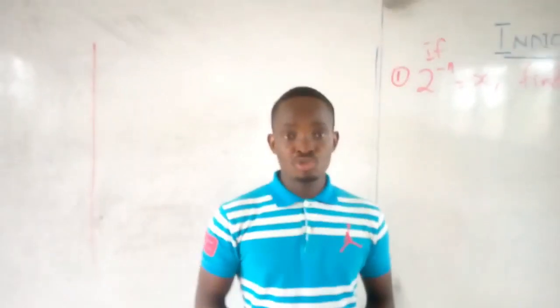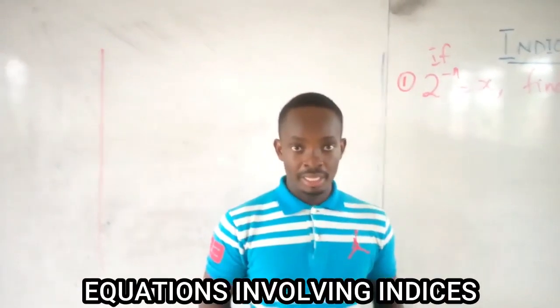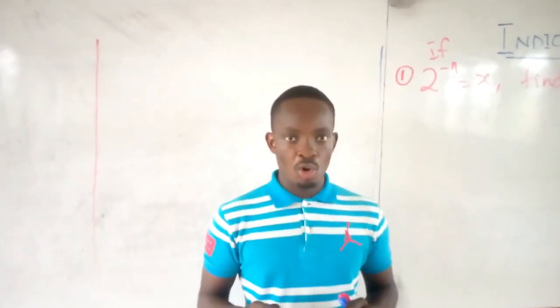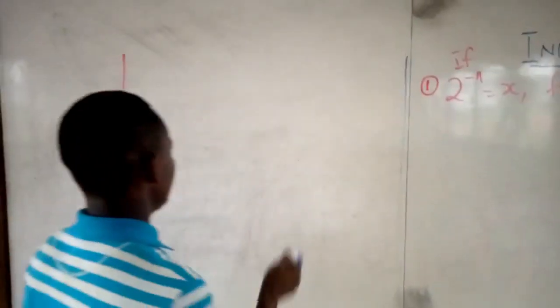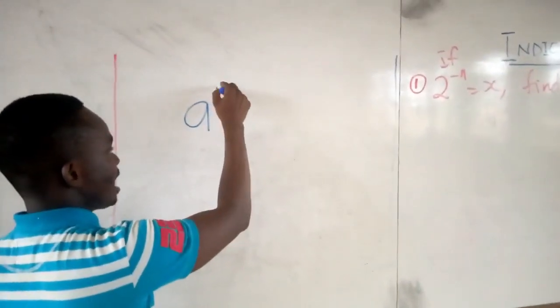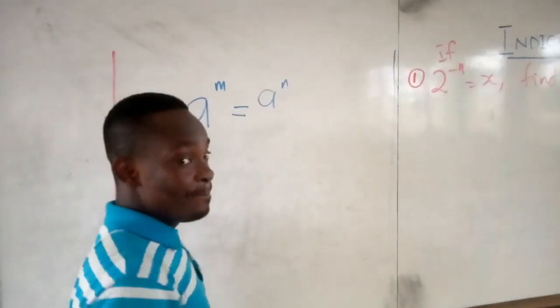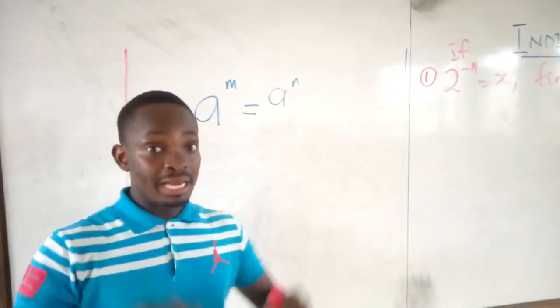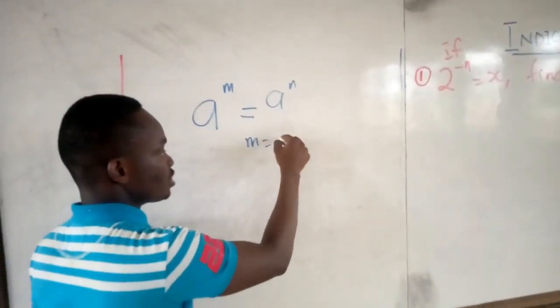We'll look at how to solve equations that involve indices. But before that, let me mention one more law in respect to equations involving indices. If you have a to the power m equal to a to the power n, because the bases are the same, you can equate the indices. So here m is equal to n.